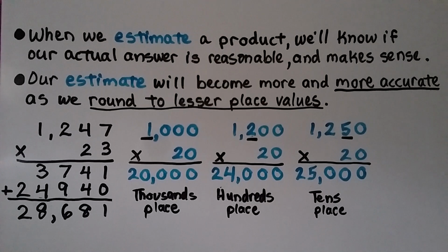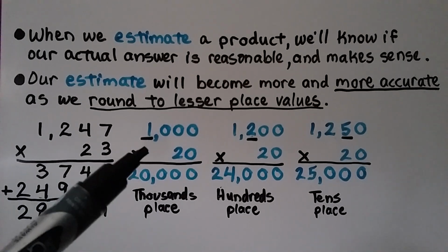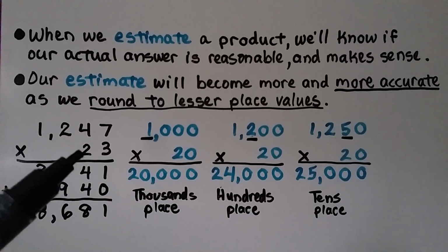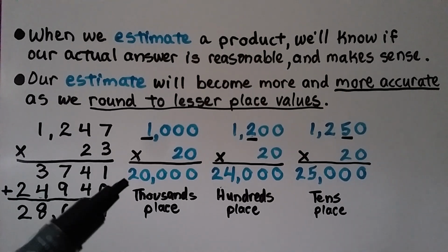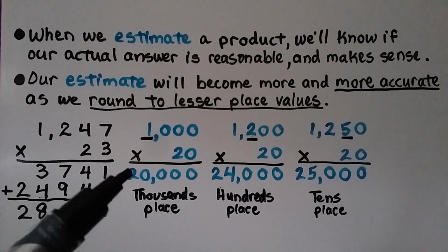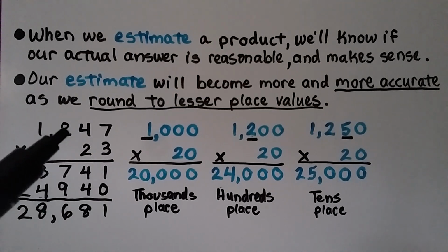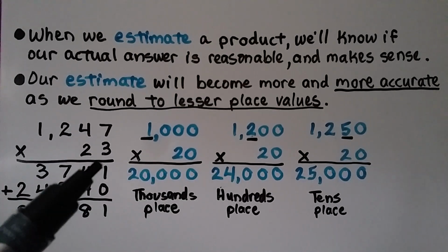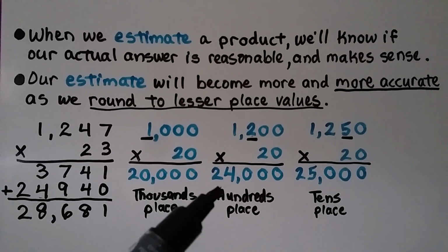Our estimate will become more and more accurate as we round to lesser place values. So we have 1,247. If we round it to the thousands place and we round this to 20, we would have 20,000 as our estimate. But if we rounded it to the hundreds place and then rounded this one to 20, we'd have 24,000.